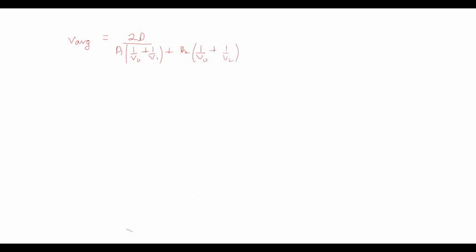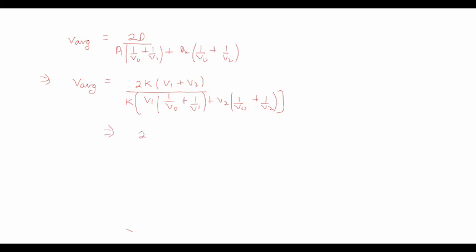Then on substituting the values which we evaluated, the V average can be written as 2k(v1 plus v2) upon k v1 (1 by v0 plus 1 by v1) plus v2 (1 by v0 plus 1 by v2), and on solving we can eliminate k.